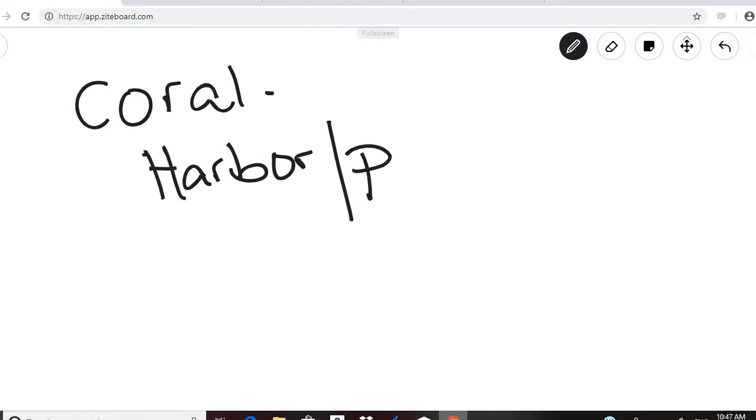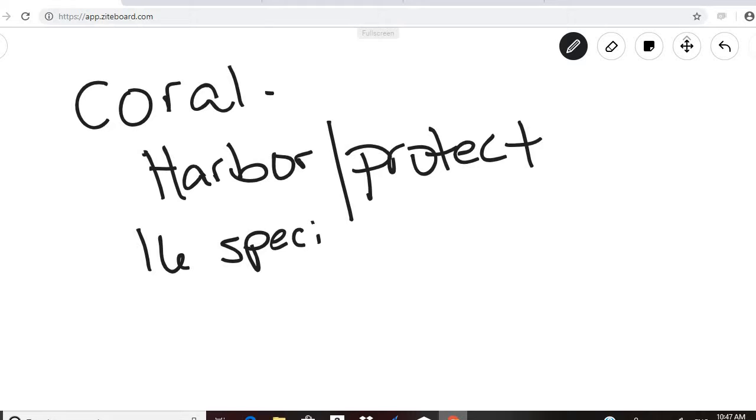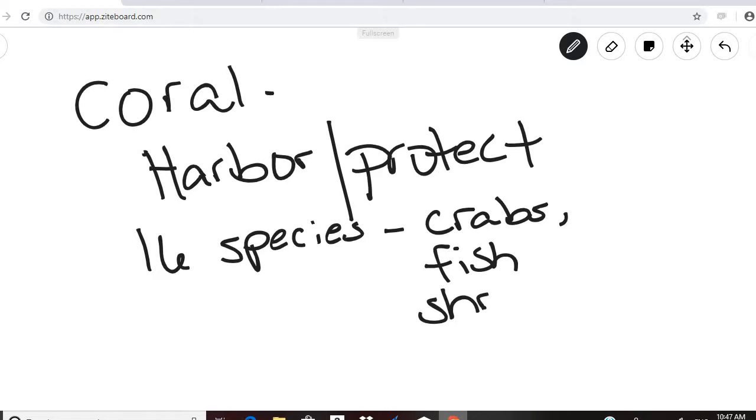there's a certain type of coral that can harbor and protect up to 16 different species of crabs, fish, shrimp, and so the coral protects these organisms, but at the same time, these organisms will protect the coral from predators.